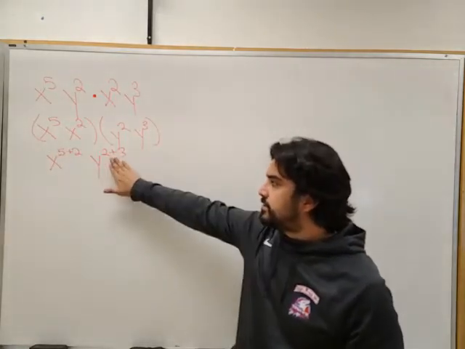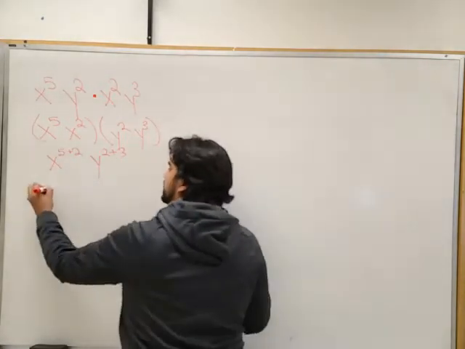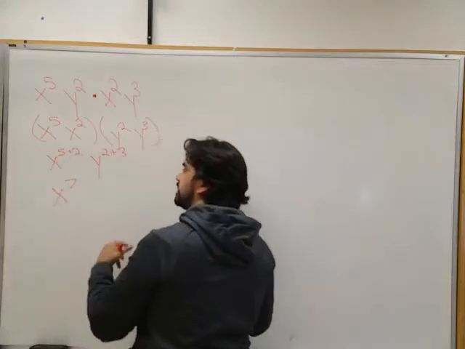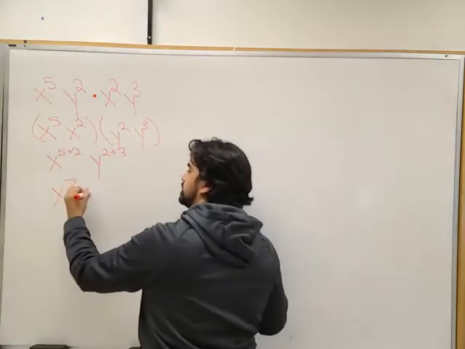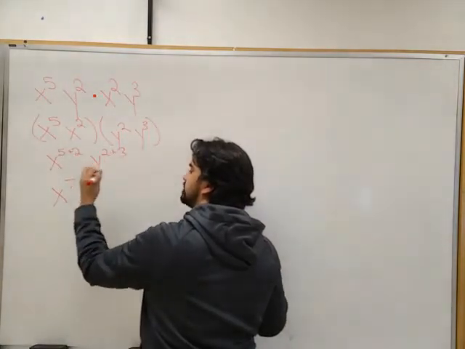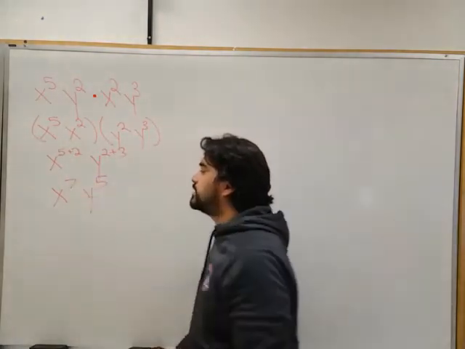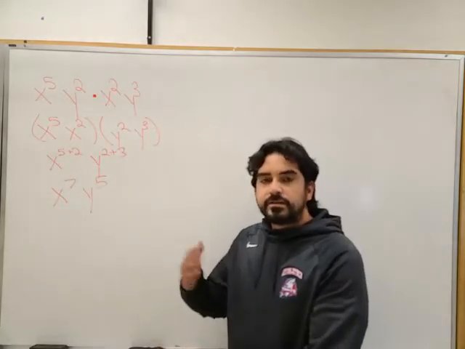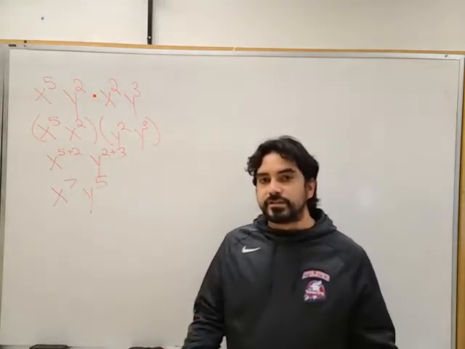Now, all I have to do is add. So we have x to the power of 5 plus 2 is 7, and we have y to the power of 2 plus 3 is 5. All right. So now that we learned this one, let's go ahead and try one with coefficients.